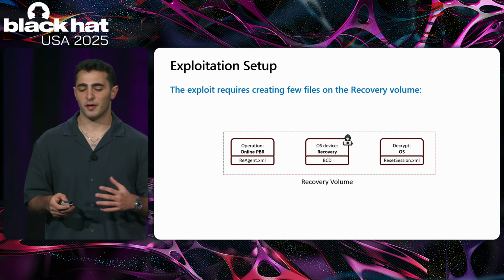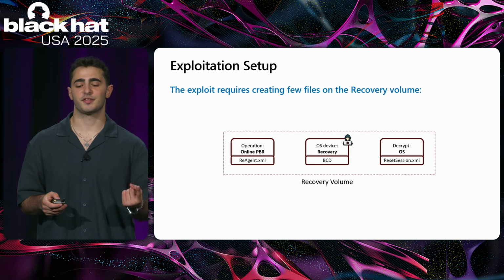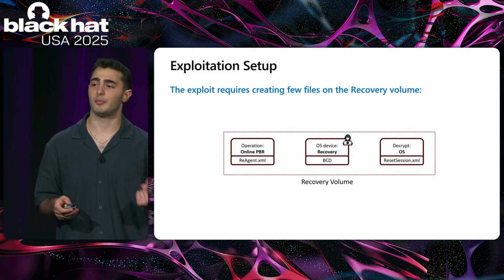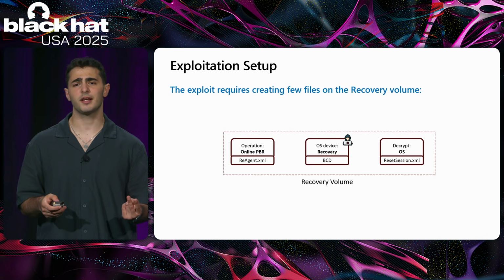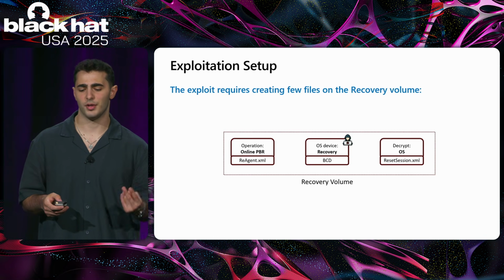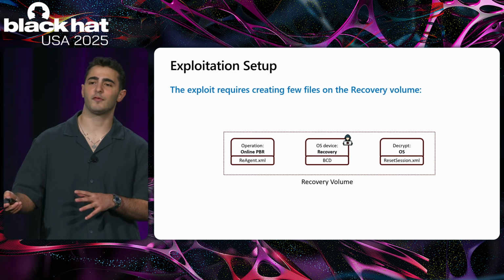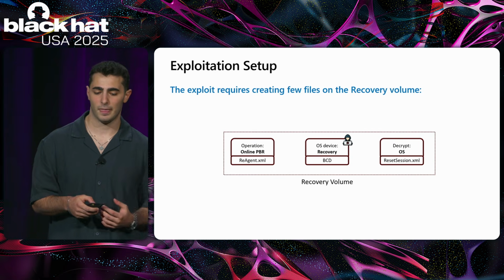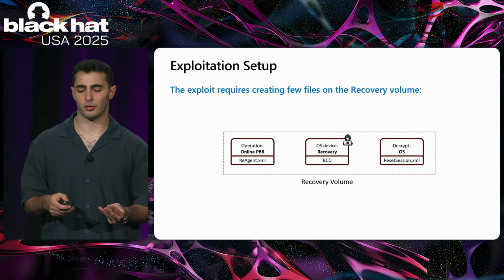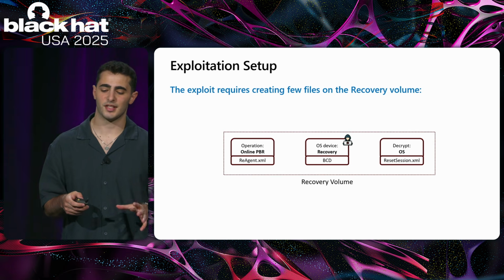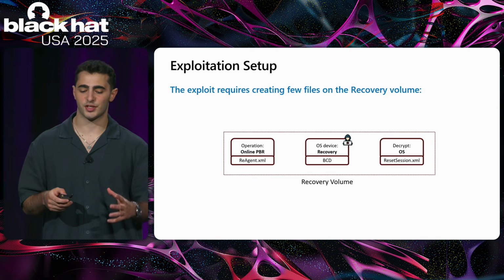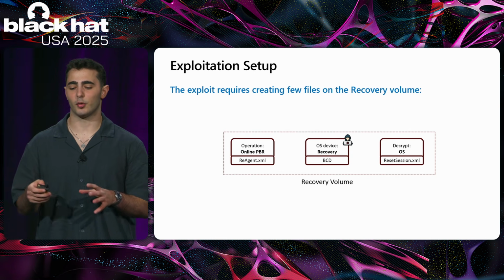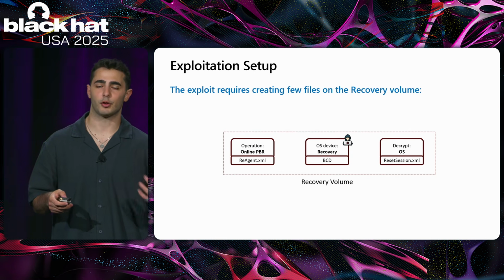The exploit required modifying a few files in the recovery volume. First, the ReAgent.xml with an online PBR operation. Second, the BCD store, with the OS device pointing to the recovery volume instead of the OS volume. And then the PBR configuration, specifically the reset session with the decrypt volume operation specifying the BitLocker encrypted OS volume as the target volume to decrypt as part of PBR.